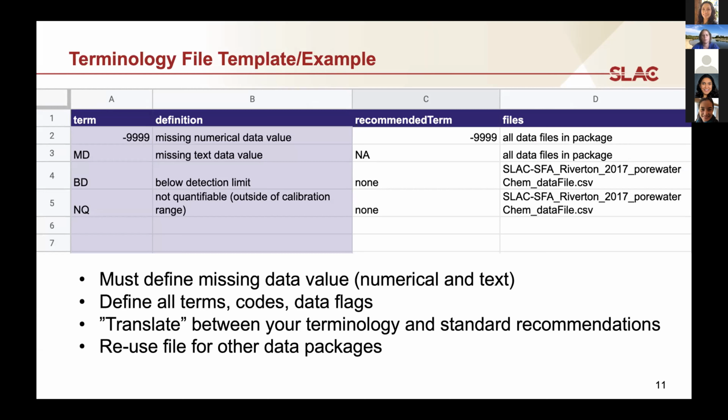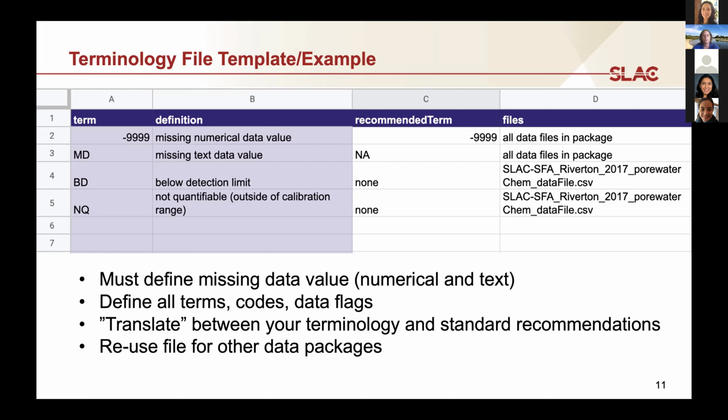And so in this standard, I am not requiring that all of the terminology for the headers and things are noted if they follow the recommended vocabularies or what's noted in the standard.